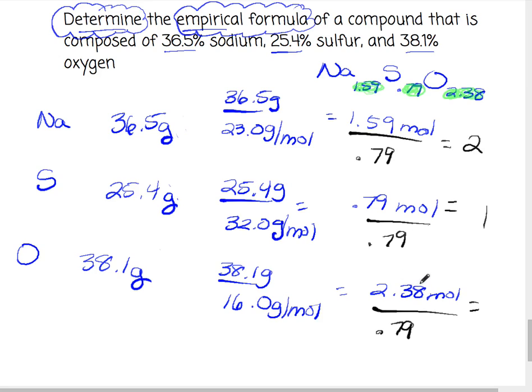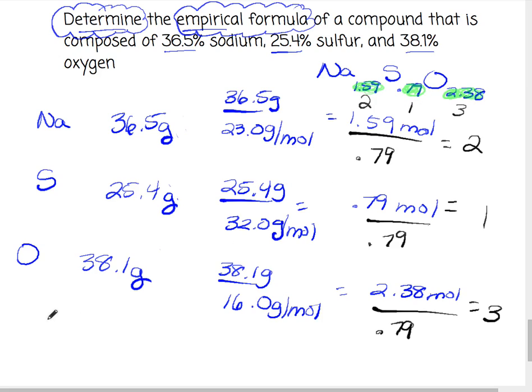You can plug it into your calculators: 1.59 goes in first, then you hit divide, 0.79, and you're going to get 2. Then 2.38 divided by 0.79 looks like a 3 to me. Check it on the calculator and see if I'm right. We've got 2, 1, 3. So this ratio is going to be 2 to 1 to 3.